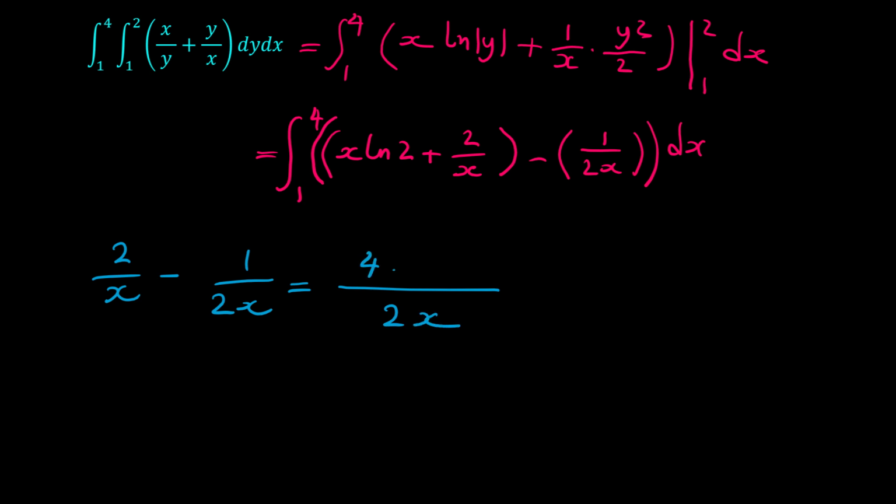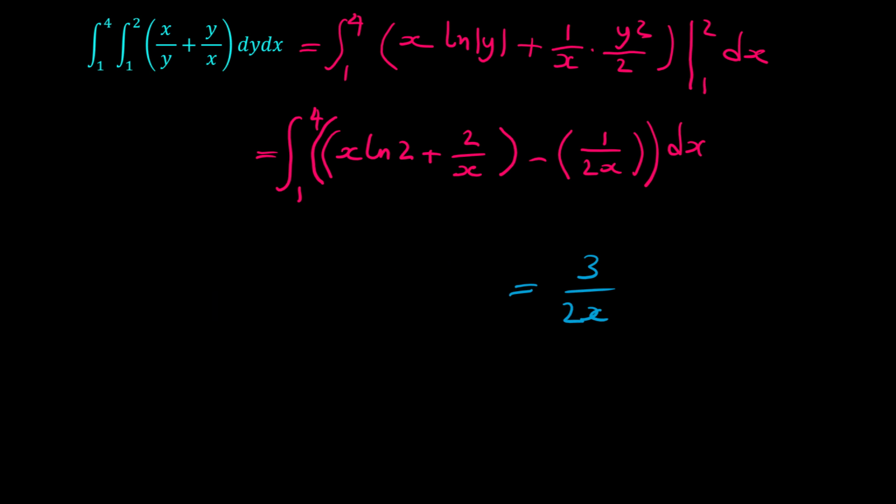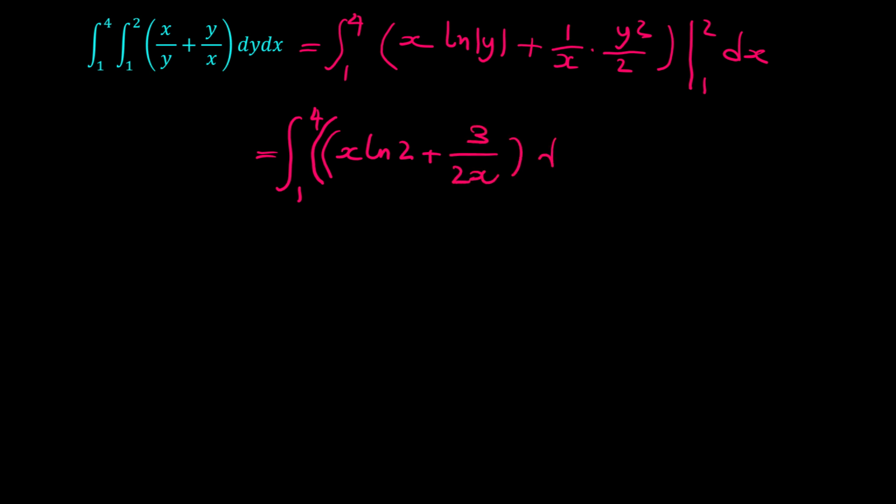For the first fraction we have 4 minus 1, so this equals 3 over 2x. This is a simple subtraction of two fractions. So we can simply write this in the form of 3 over 2x. So we have 3 over 2x dx.